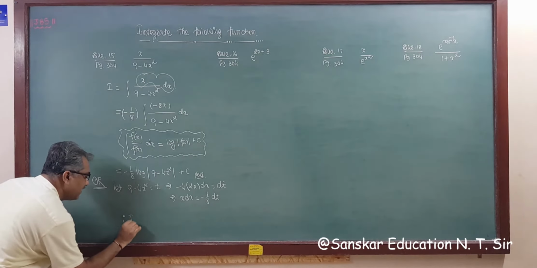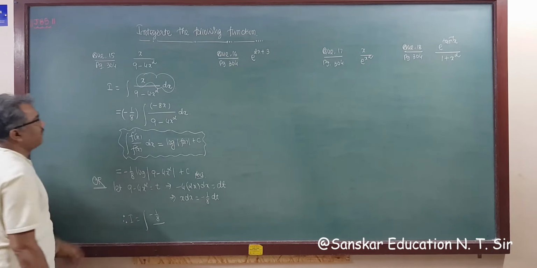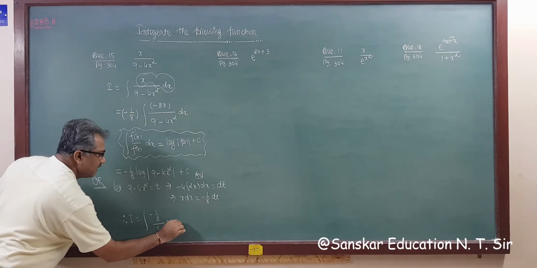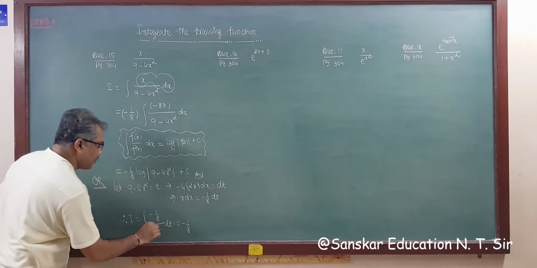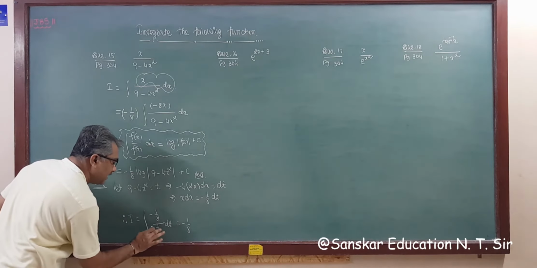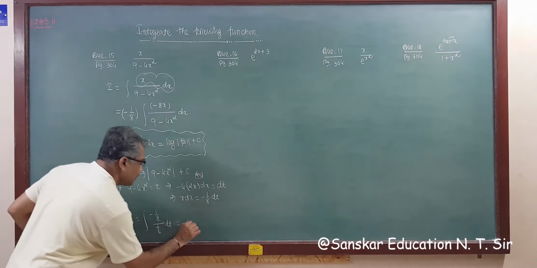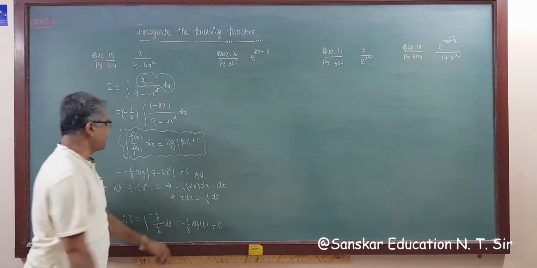I will be the integration of minus 1 upon 8 upon t dt. So minus 1 upon 8 and the integration of 1 upon t dt. 1 upon t, that you know, is log t. So the answer will be log modulus of t plus c, and substitute the value of t.